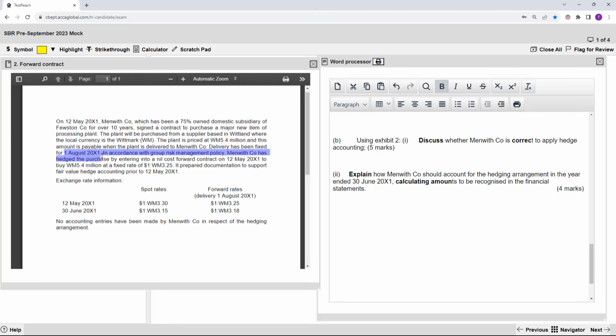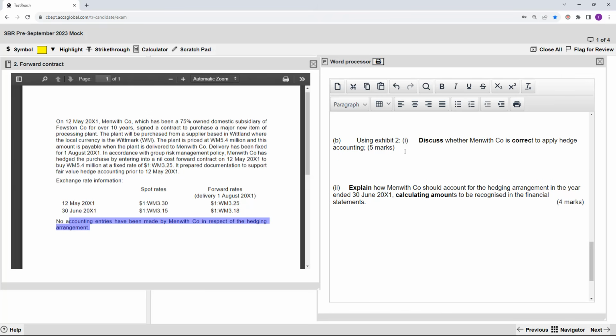So we've got a firm commitment today, at this year end, to buy this asset and pay for it in foreign currency in the future. We've got a risk management policy and we are hedging by entering into a forward contract, and we've prepared the appropriate documentation. All the rates are given, no accounting entries have been made. So we're not unpicking anything, and we're having to discuss whether Menwith is correct to apply hedge accounting.